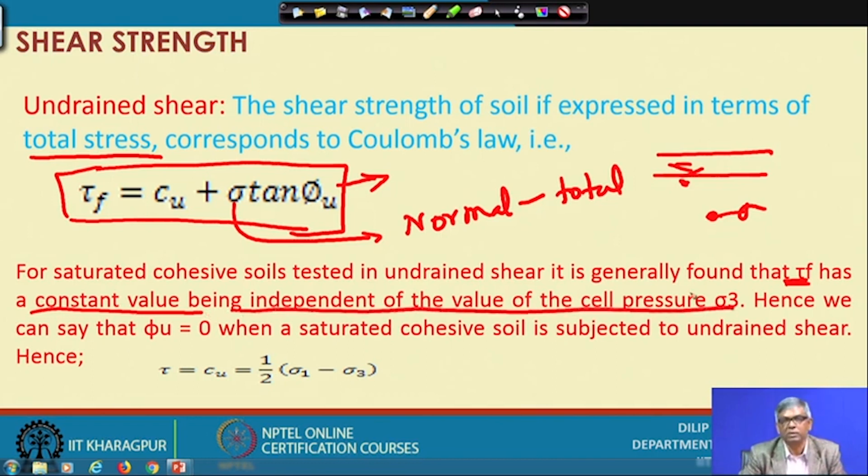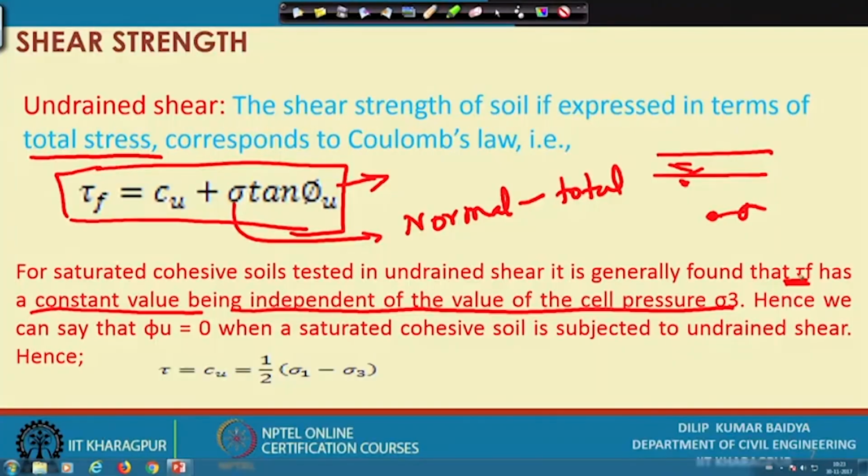So, as I have mentioned, during the triaxial test we apply different confining pressures and go up to the failure, but for saturated soil when we do an undrained test, even though the confining pressure changes, the stress circle will not change, or tau f will be constant, that is independent of your sigma 3.